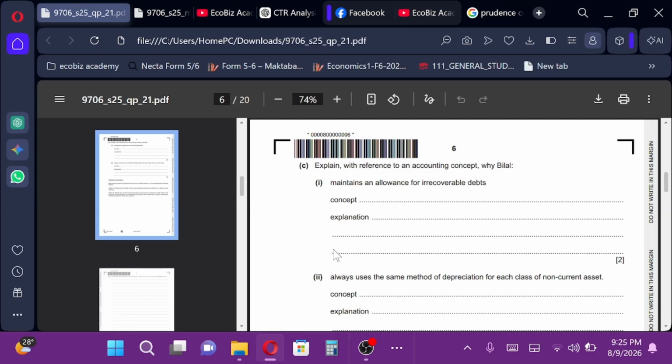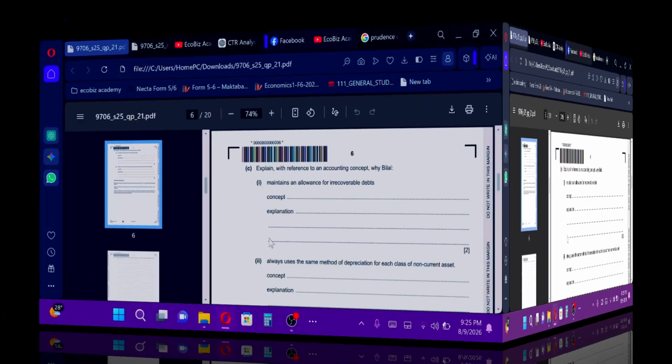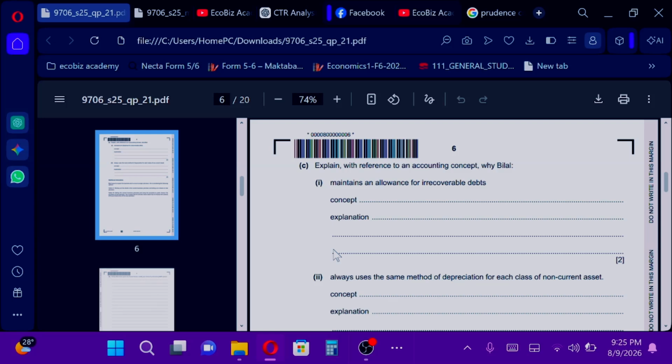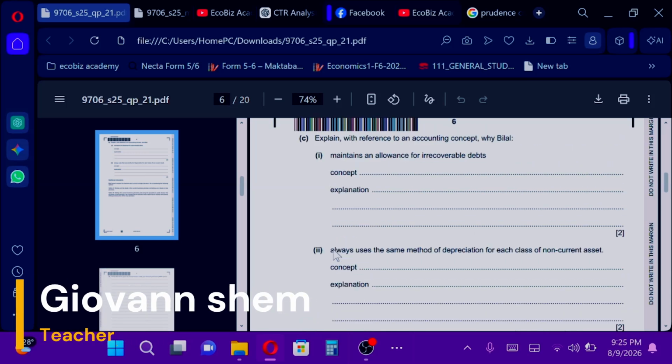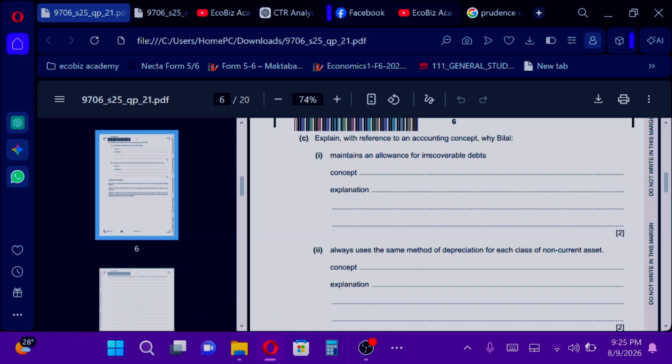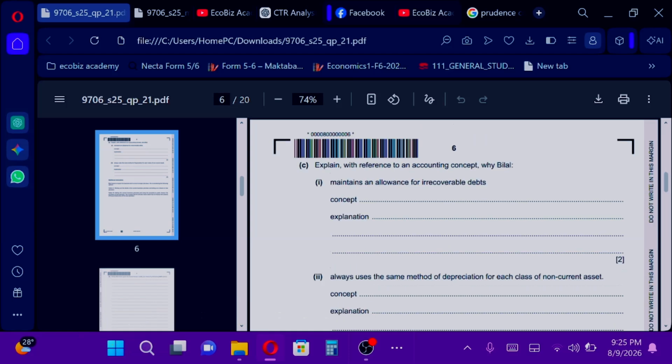So part C, Roman 1 says, explain with reference to an accounting concept why Bilal maintains an allowance for irrecoverable debts. Concept and explanation. Roman 2 says, explain with reference to an accounting concept why Bilal always maintains the same method of depreciation for each class of non-current asset.